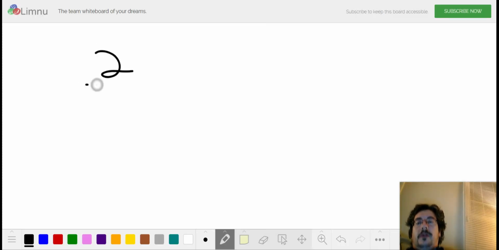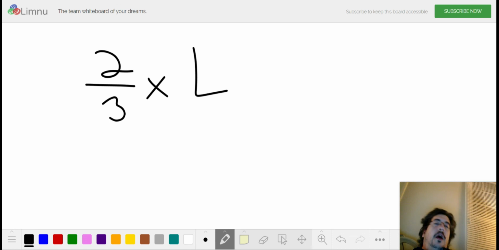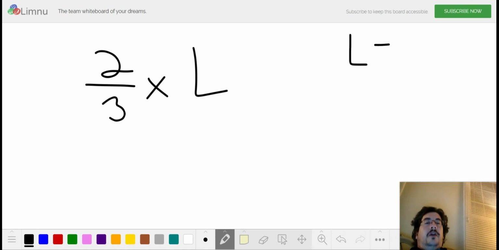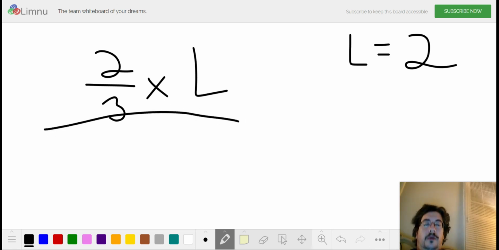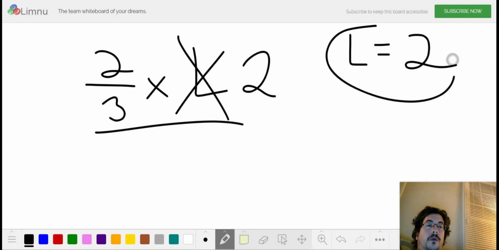So let's say we want to do 2/3 times L. And then off to the side, they tell you that L is equal to the whole number 2. Well, if you wanted to evaluate this, you would replace the L with the 2 because over in the corner it says, hey, L is the same thing as 2. It's equal to 2. And then you can multiply like normal.